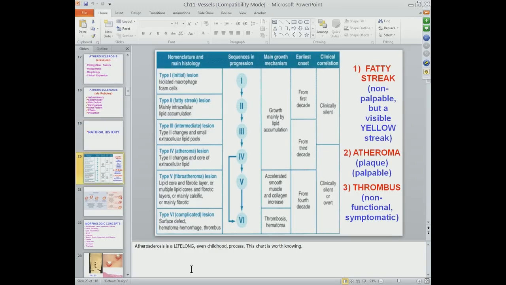This is one way of looking at it. Let's just say that in the first initial event you have migration of macrophages through the endothelial cells of the artery coming into the intima.